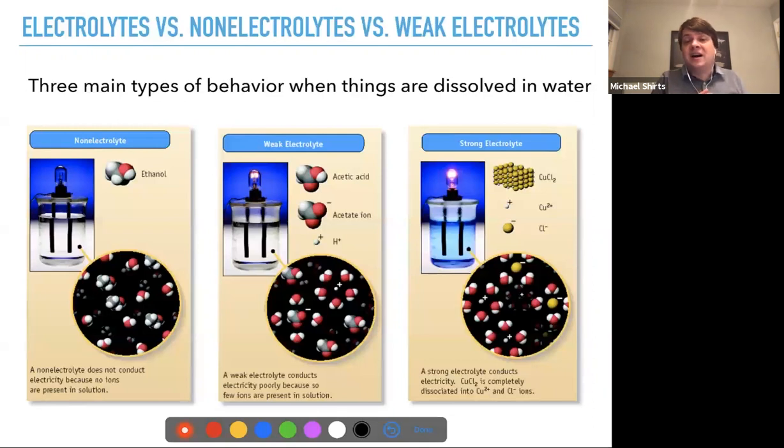In this case, an H plus ion comes off, leaving an acetate ion. And so there are some ions in the solution if you're just sitting it around at room temperature, and so it weakly conducts electricity. This is a weak electrolyte. So those are the three main types of behaviors that compounds undergo when you stick them in water. And depending on which of these happen, you can get very different types of reactions.